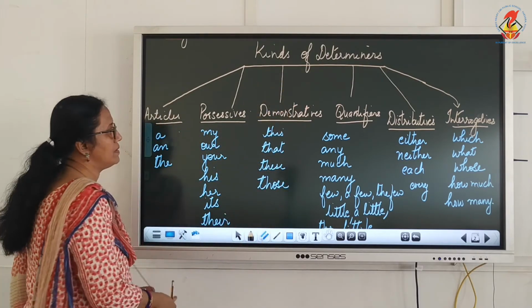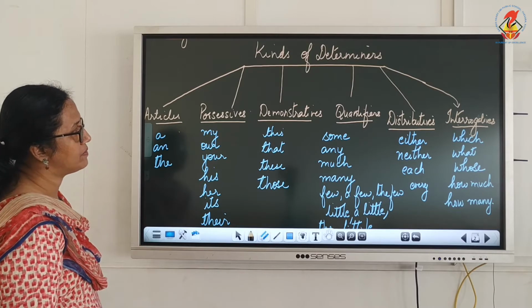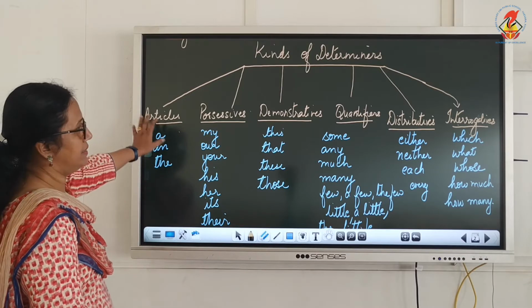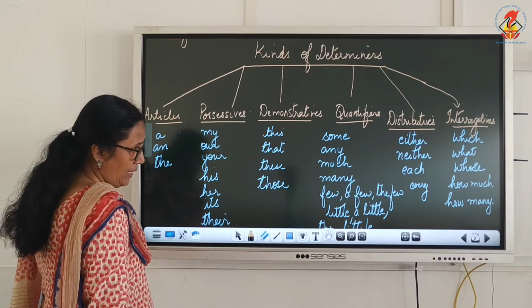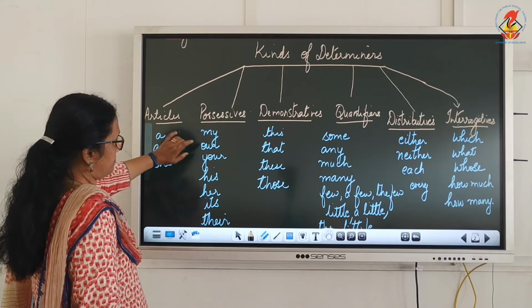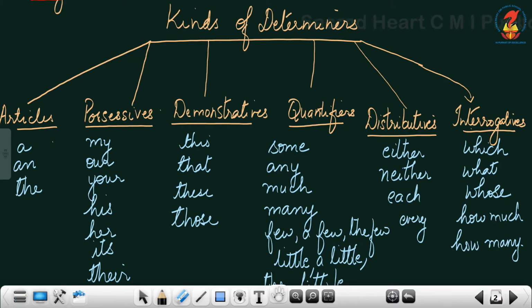Now just remember, all that I have written in blue are the types of determiners that come under these categories. Articles you all know: a and the. Possessives: my, our, your, his, her, its, their. Demonstratives: this, that, these, those.